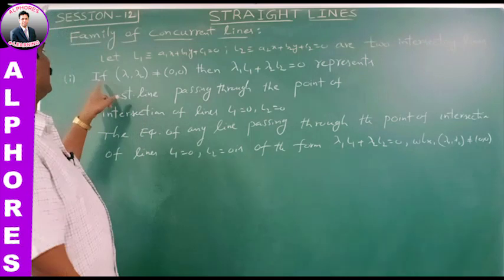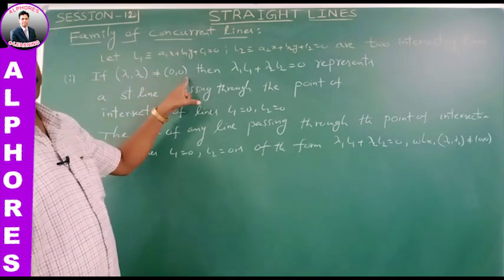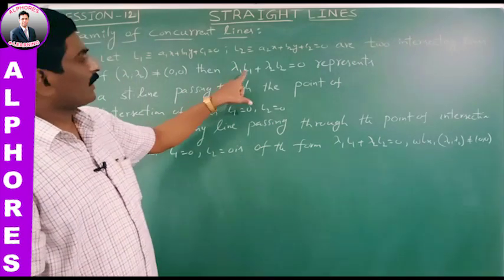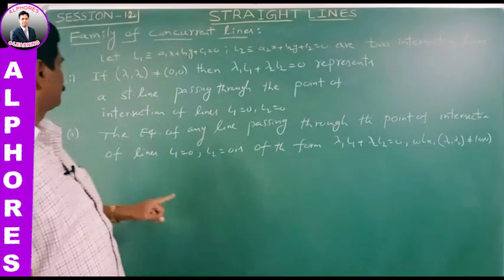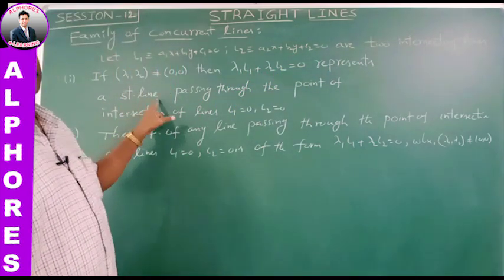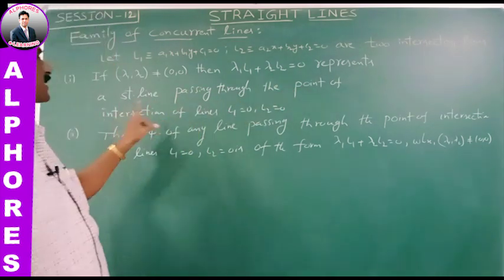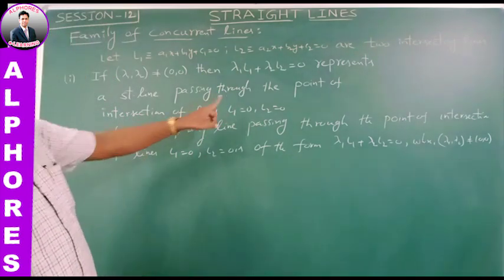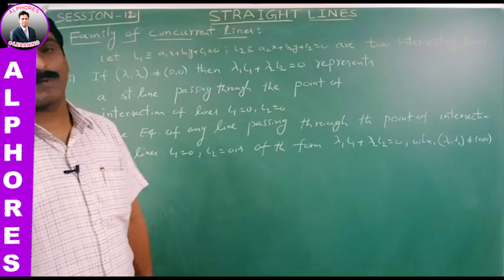First one, if lambda 1, lambda 2 not equal to 0, 0, then lambda 1 into L1 plus lambda 2 into L2 is equal to 0 represents a straight line passing through the point of intersection of the lines L1 is equal to 0, L2 is equal to 0.